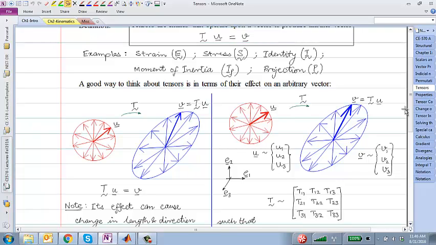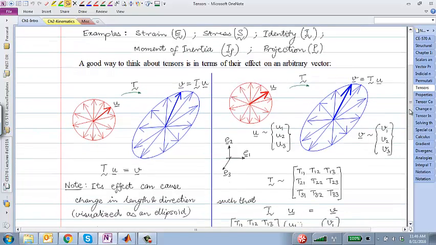It's not associated with a particular direction itself. It takes all possible directions to some new possible directions. One way to visualize a tensor is this blue ellipsoid. It takes a sphere of red arrows to this blue ellipsoid of arrows.